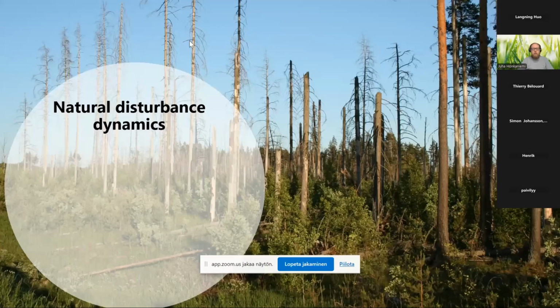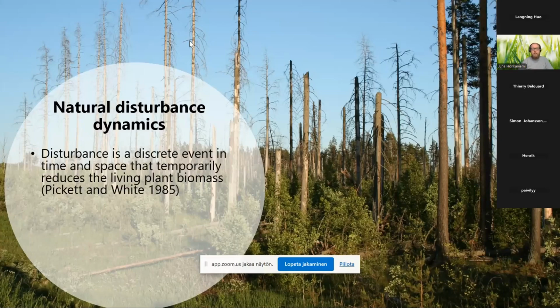Let's start. What are natural disturbance dynamics? By definition, a disturbance is a discrete event in time and space that temporarily reduces the living plant biomass. A good example you can see in the background photo here.